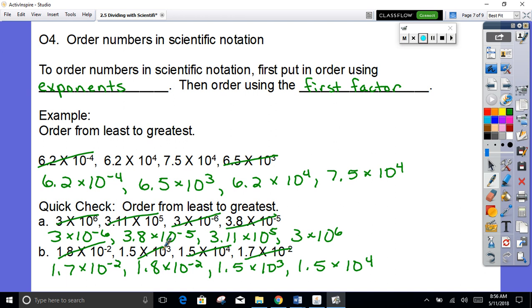No, this is not a negative number, so you don't reverse them. This is 0.017. This is 0.018. They're not negative. The exponent is negative, but the number itself is not negative. The negative exponent is telling us basically to divide by that number of tens.